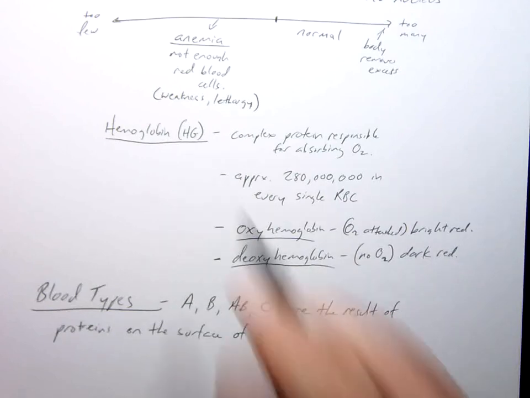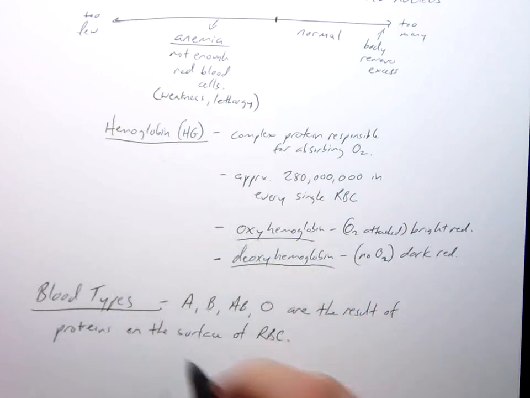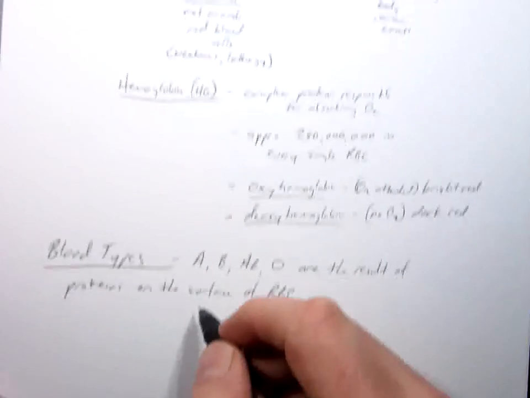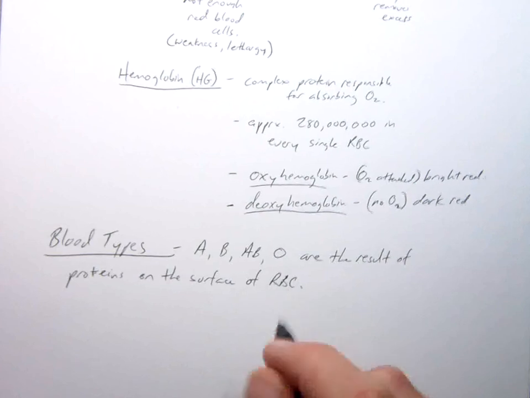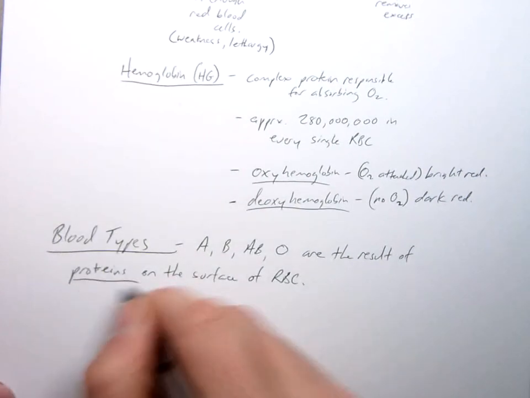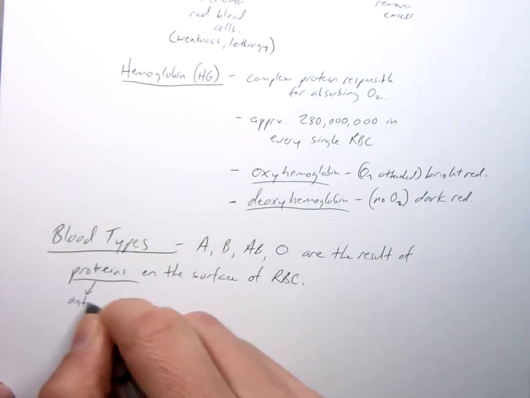So in addition to this protein on the surface of the red blood cell, there's other ones as well that are going to determine the blood types and what can mix. More specifically, these proteins are called antigens.